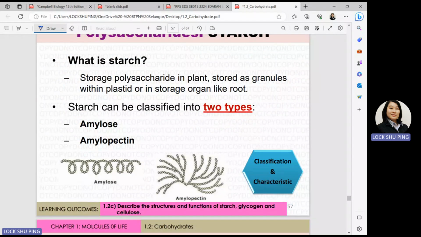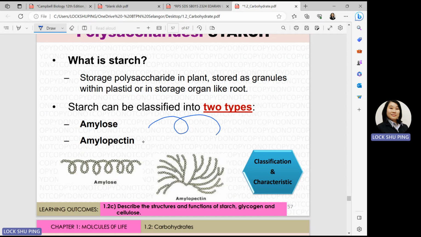Now we look at amylose and amylopectin. If you look at the diagram, you will notice that amylose is a linear chain. It is just one very long chain that coils together, forming a complex molecule.